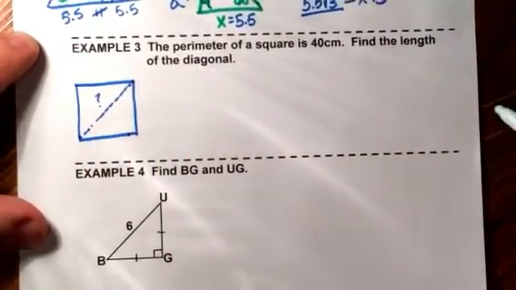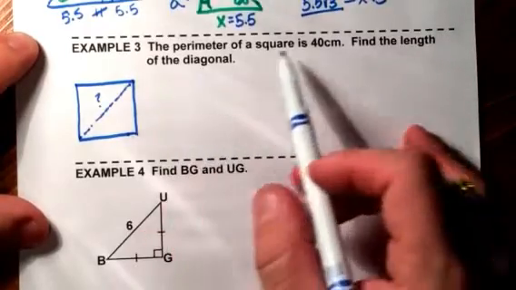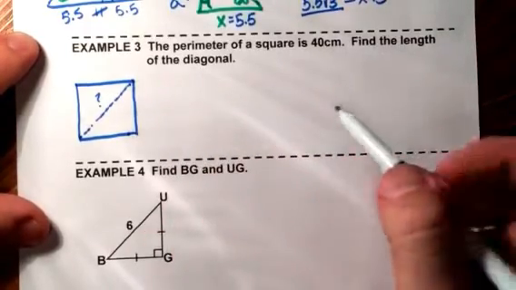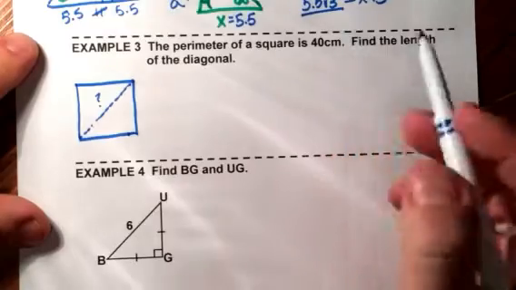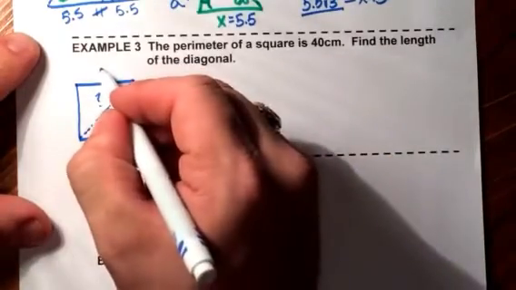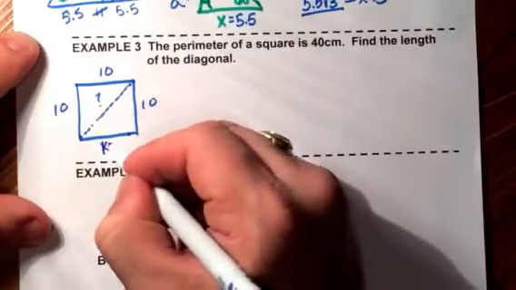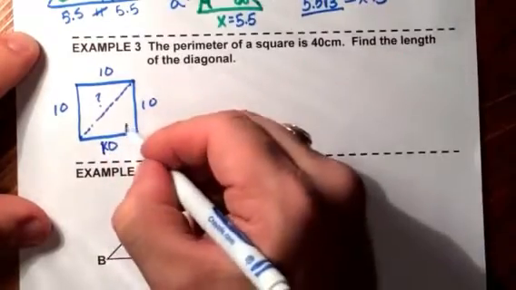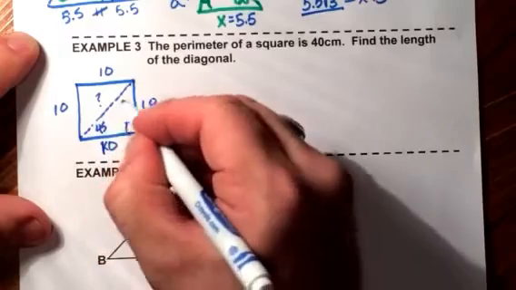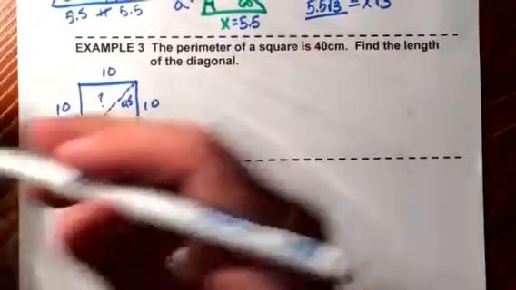All right, welcome back. Looking at it, the perimeter of a square is 40 centimeters. So I have 4 sides to my square, so 40 divided by 4 would tell me each side is going to be 10. Because we know it's a square, it must be a 45, 45, 90 triangle.